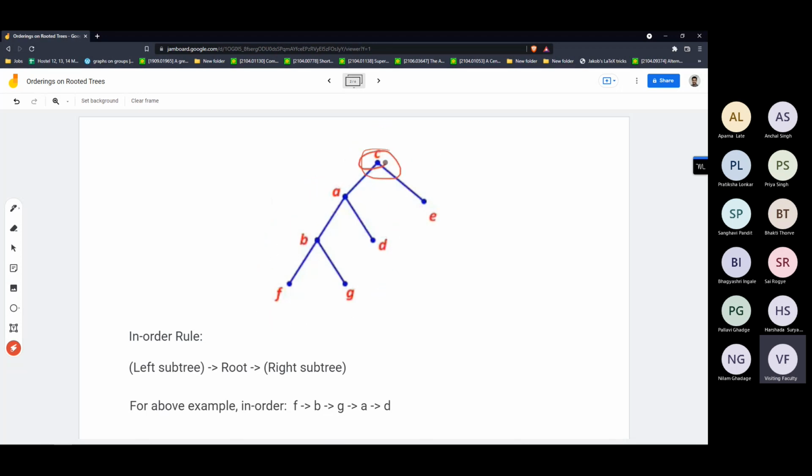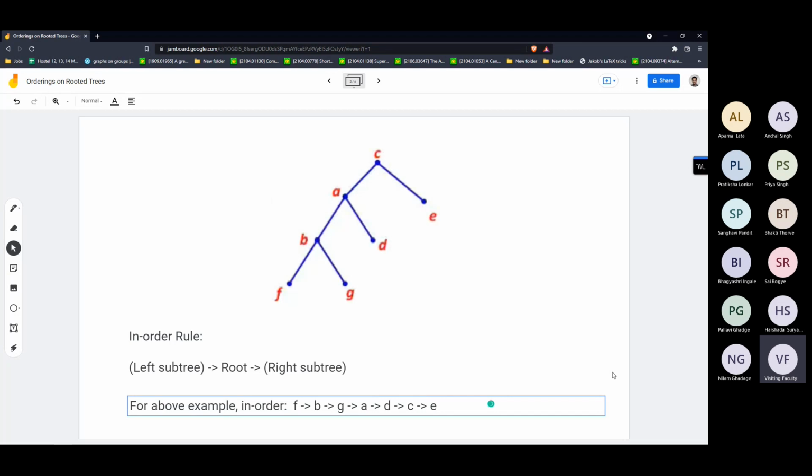Now we'll write the root, and then we'll write the right subtree, which is just one vertex. So now we'll write C, and then we'll write the right subtree, which is again a single vertex. So that is in order. Is that okay, everyone? Yes, sir.